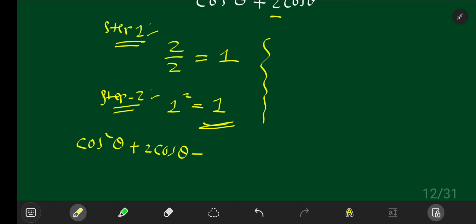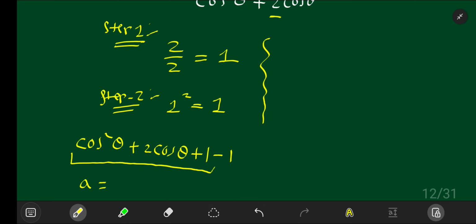We have to add 1 and subtract 1. Now if you see carefully, you will understand that this portion is in the form of a plus b whole square. a is equal to cos theta and b is equal to 1.